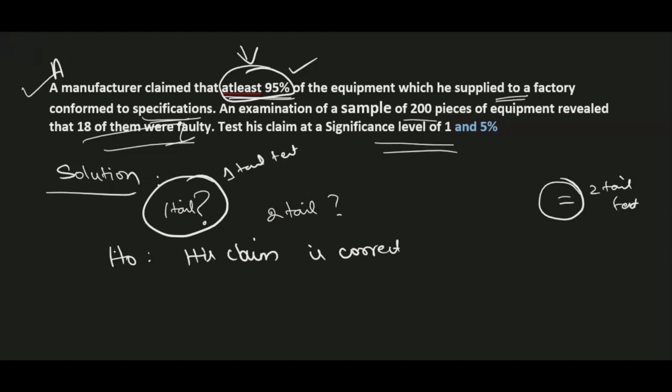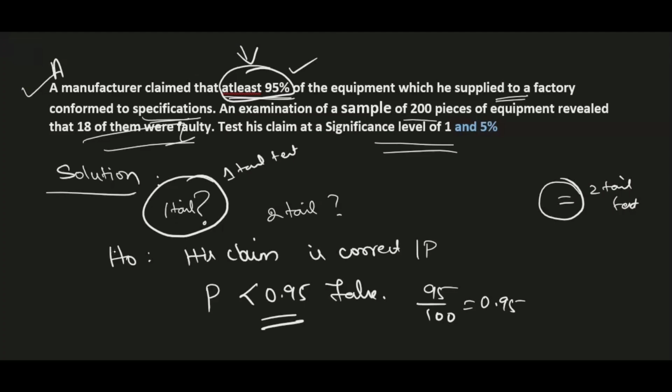His claim will be false only when this probability is less than 95. There are no two options, only one option. If it is greater than 95, 95% is the same as 95 by 100, 0.95. So if his claim is correct, this probability will be greater than 0.95.